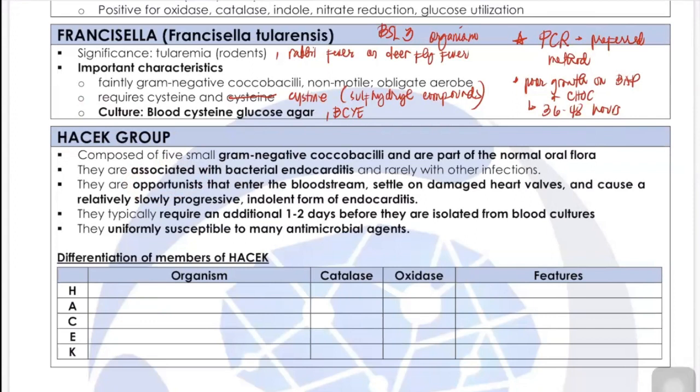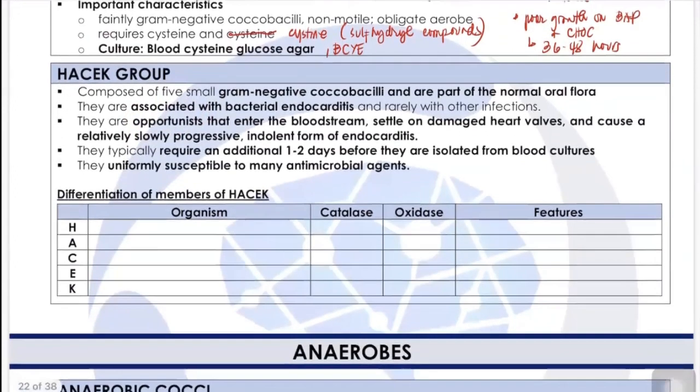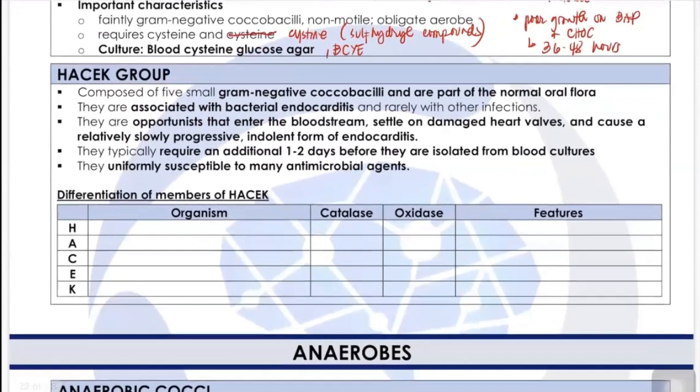So who are the members of the HACEK group? H stands for Haemophilus aphrophilus. The A stands for Actinobacillus actinomycetemcomitans.